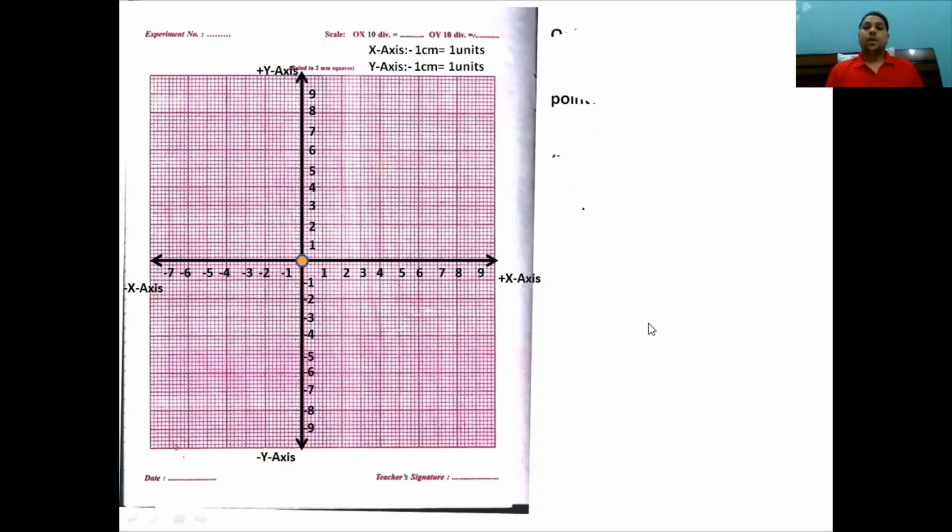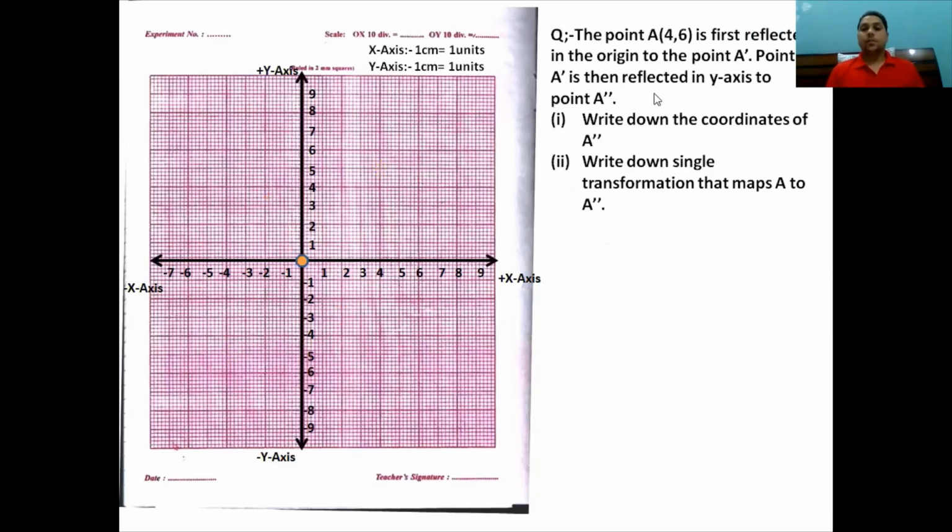Now we have the first category of question here. The point A(4, 6) is first reflected in the origin. So we have the origin here. First we have to identify this point here. This is (4, 6): moving from positive 4, 4 here and 6 here. This is the location of our point, and it is to be reflected in the origin.